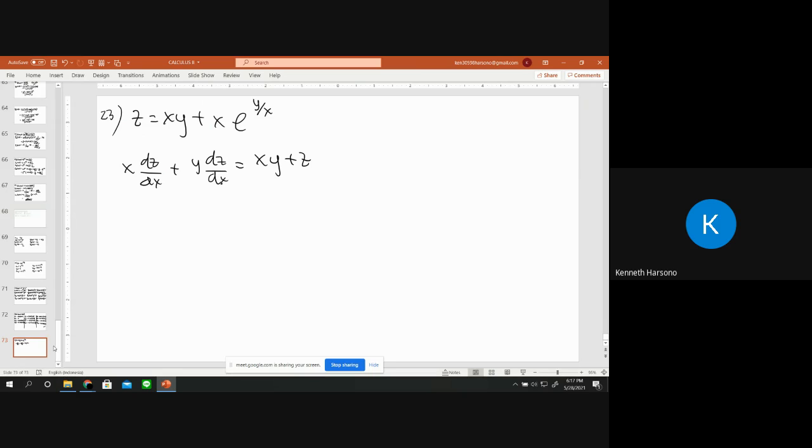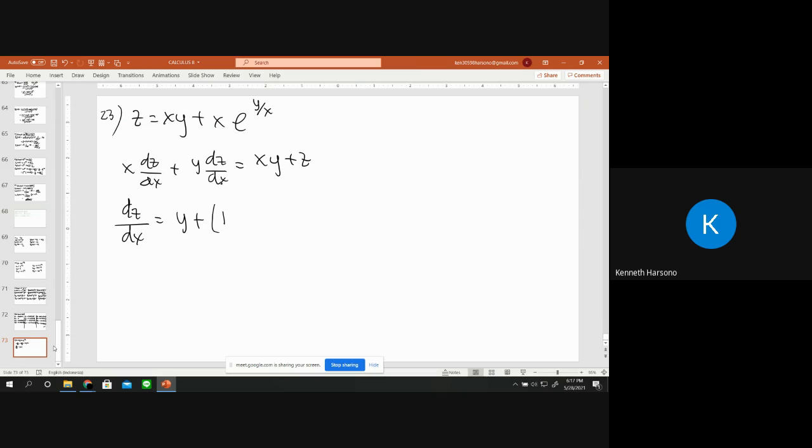So first of all, we can search for dc/dx. Let's see, first the derivative of c with respect to x. This becomes y plus, we can use the product rule here.